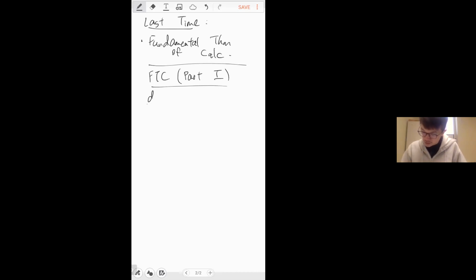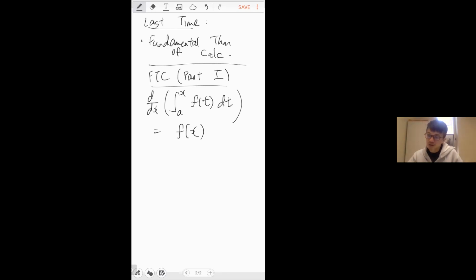And the statement is, if I want to take the derivative of the integral that looks like this, this is really just f of x. So taking the derivative of an integral gives you the original function. Questions? Okay.